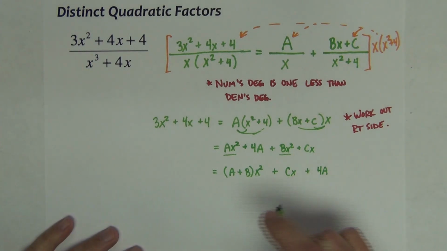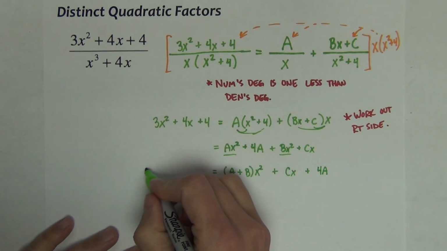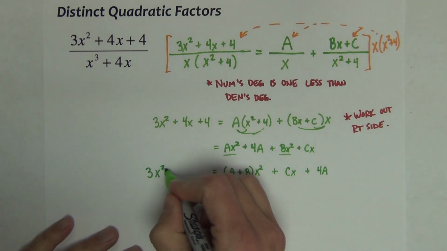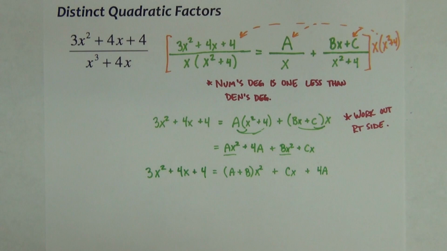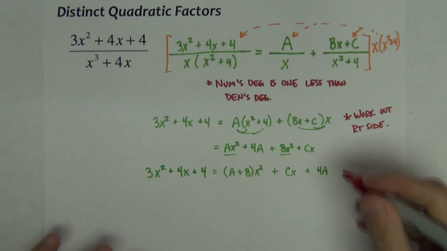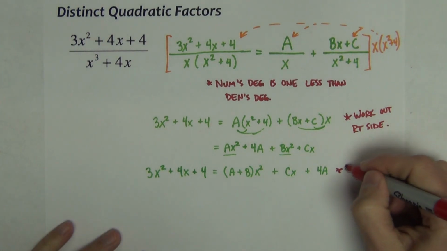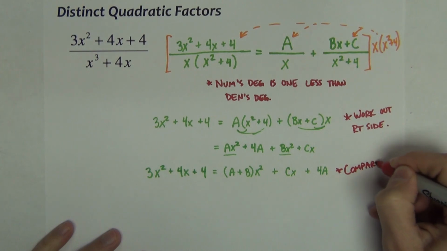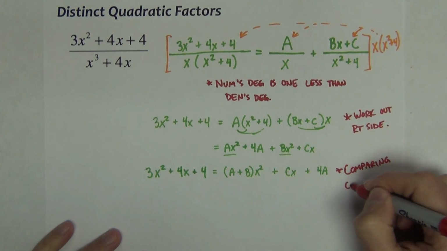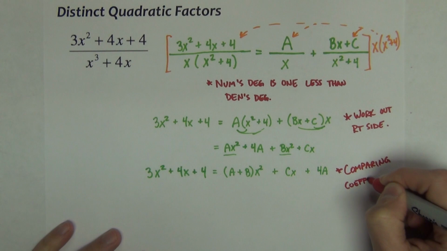Okay? And on this side, there was nothing to do, so we're just going to keep this 3x squared plus 4x plus 4. Now the cool thing about this type of problem with these quadratic factors is that we're going to solve for the constants by comparing the coefficients.